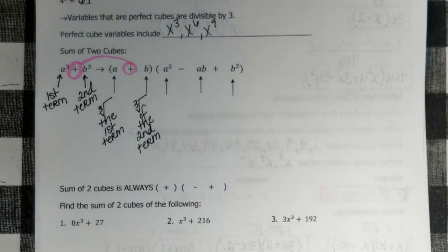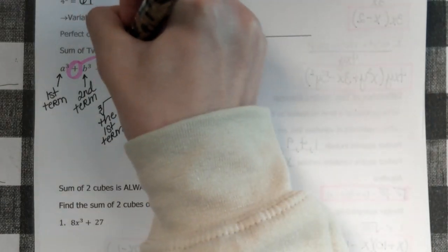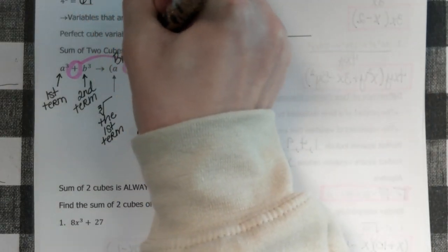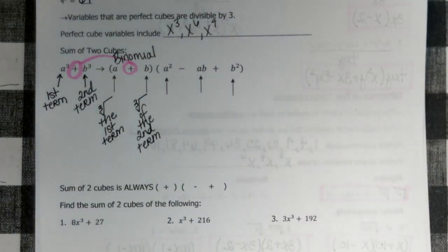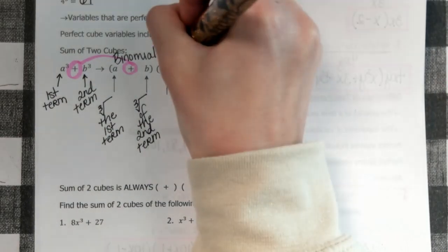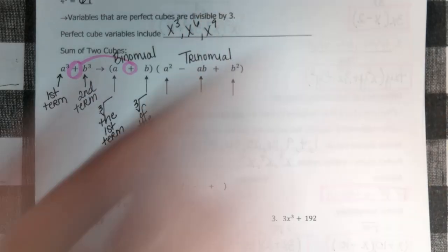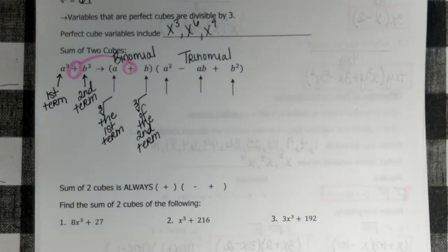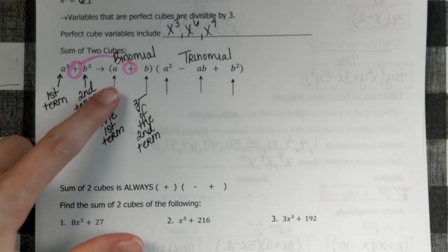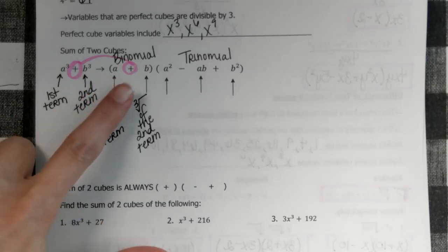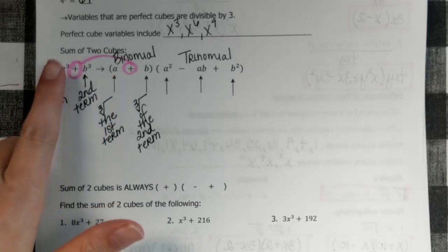Similar to the difference of two squares, you're just doing cube root. This is going to give you your binomial, so that's two terms. Then you're going to create a trinomial based off of the binomial. The trinomial is 3 terms, and you create that from your binomial. So once you get that a plus b, you're done with your original problem.